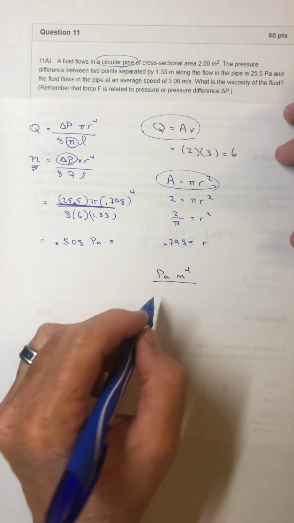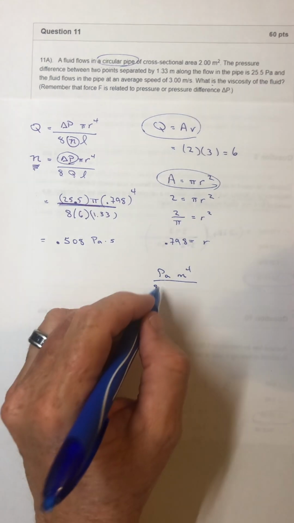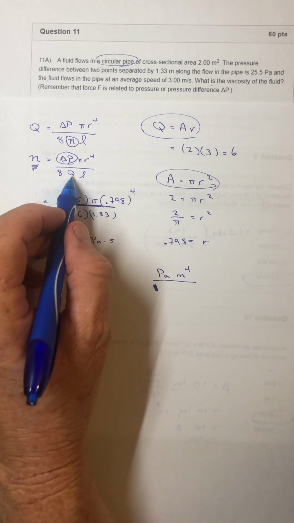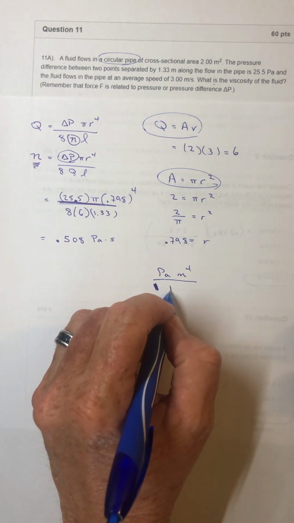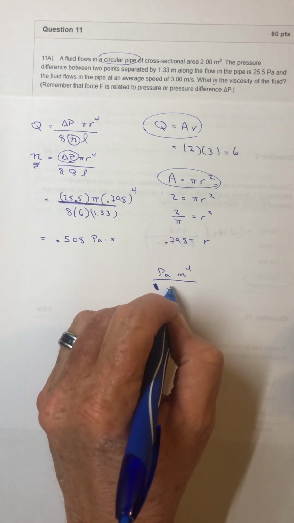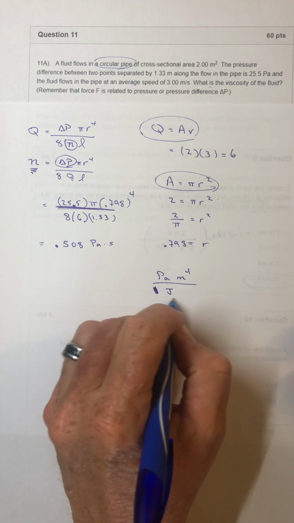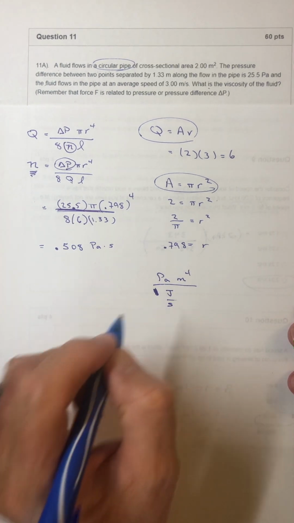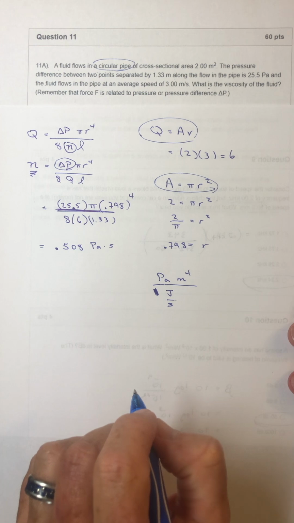We would then divide that by, no units to think about for the number 8. But right here, here's the flow rate. So here is a joule per second.